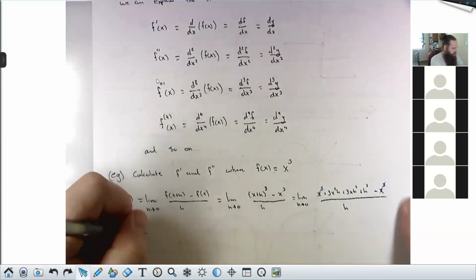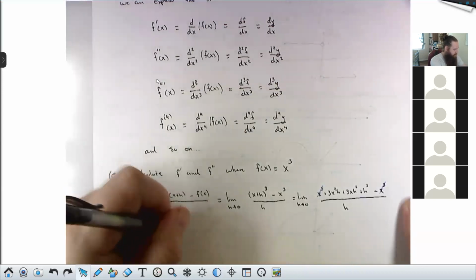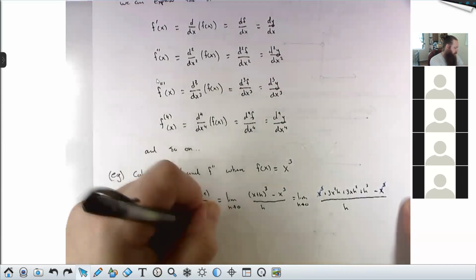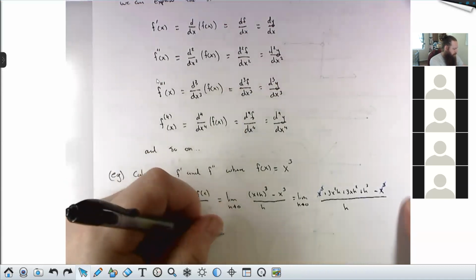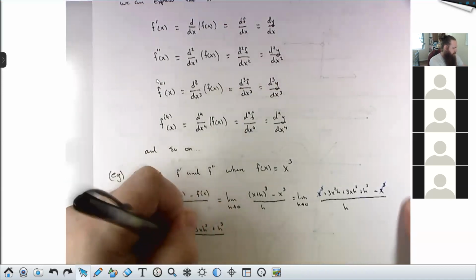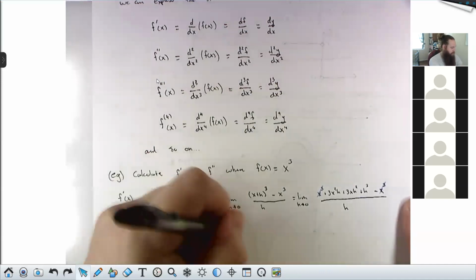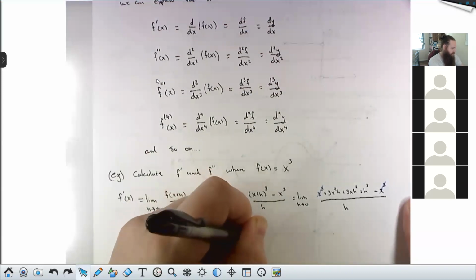So we're left with the limit as h goes to 0 of 3x squared h plus 3xh squared plus h cubed all over h. And now every term here has a factor of h, which I can bring out and cancel with the h downstairs.